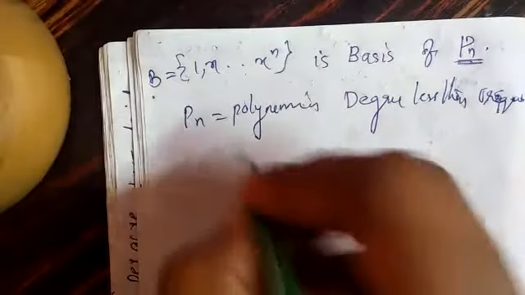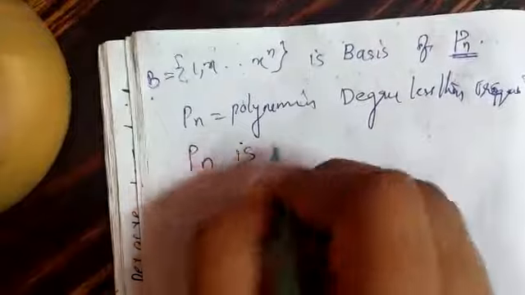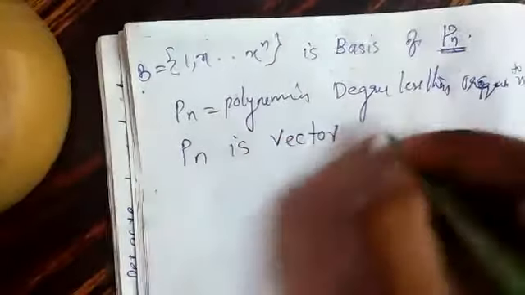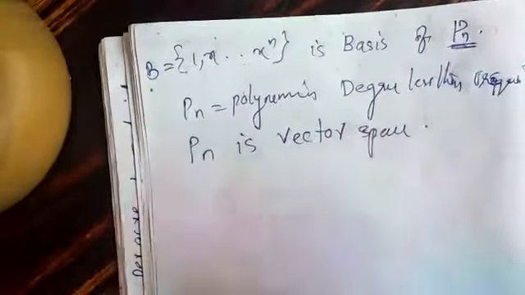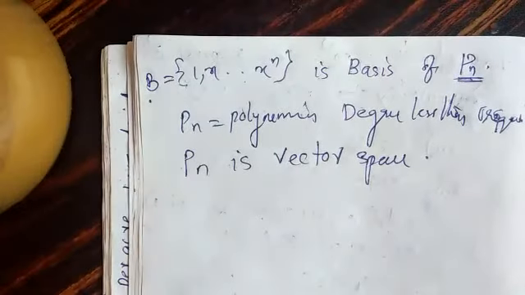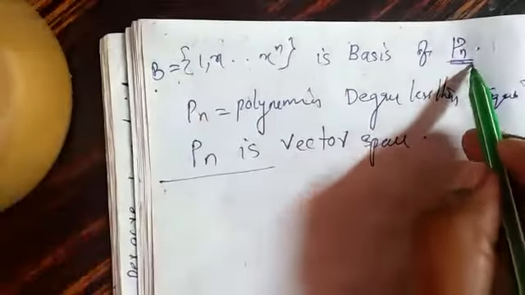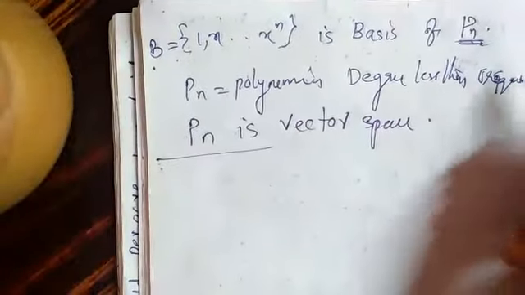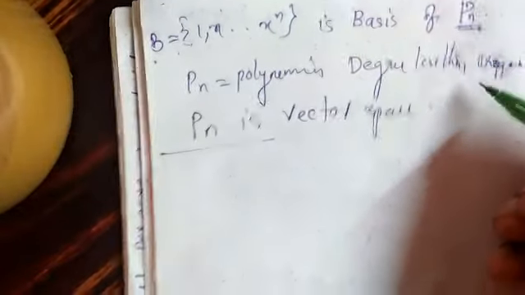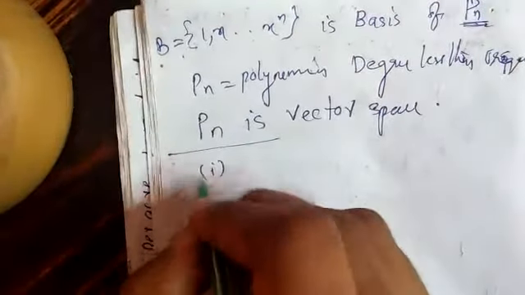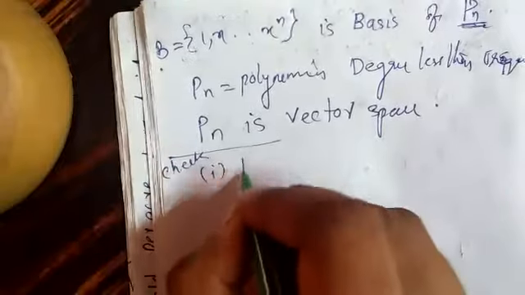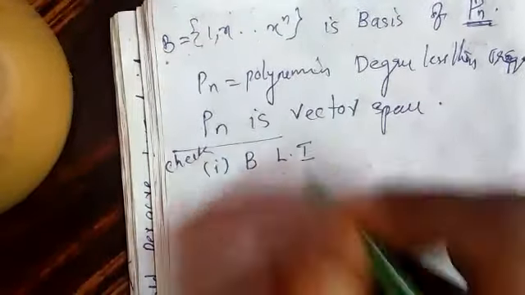We already showed that Pn is a vector space under polynomial addition and scalar multiplication. So we have to prove that this B is a basis of Pn. First of all, we need to check that B is linearly independent.